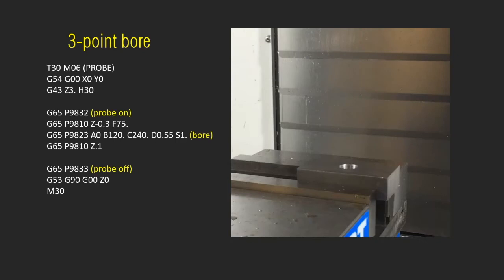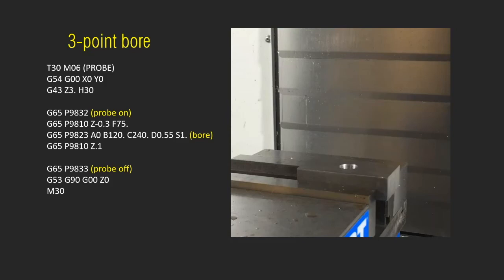One of them is 3-point bore, or boss. If I have something that's not a complete circle, or at least not complete at either 0, 180, 90, or 270 degrees, any of those quadrants of a circle, if those points are not available to me, for example, what if I have a keyway in a hole?